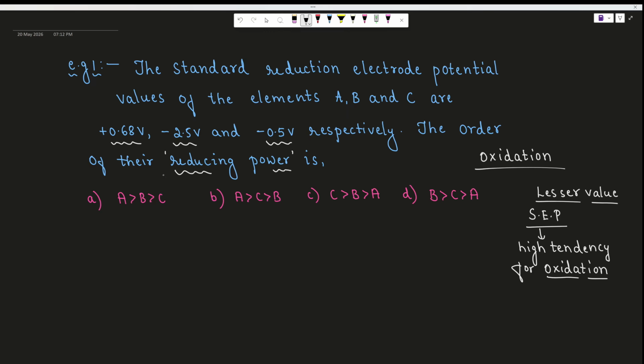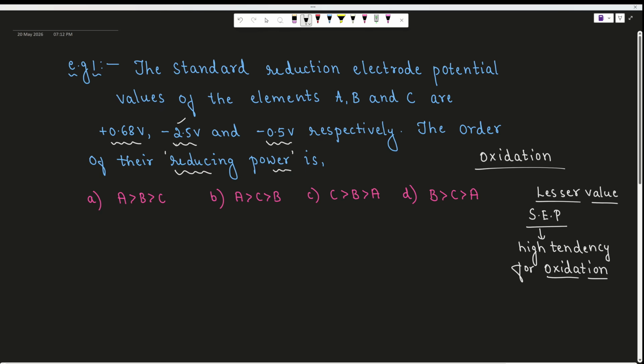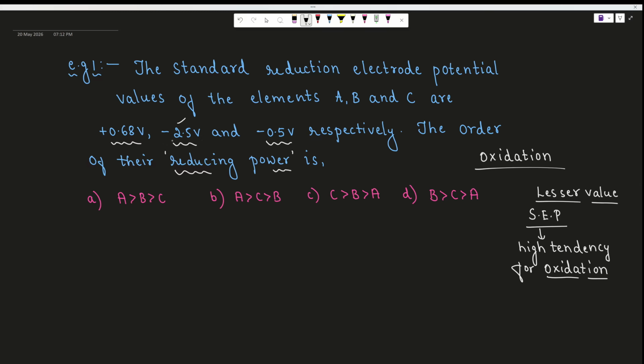Here, 0.68 is the positive value, and the others are minus 0.25 and minus 2.5. Minus 2.5 is the least value, so this has the highest tendency for oxidation.